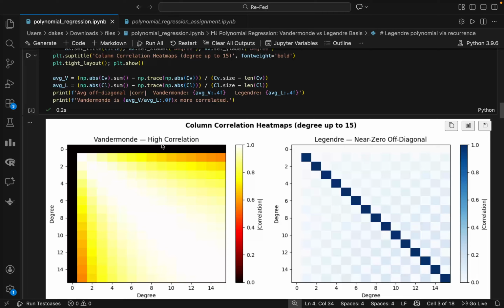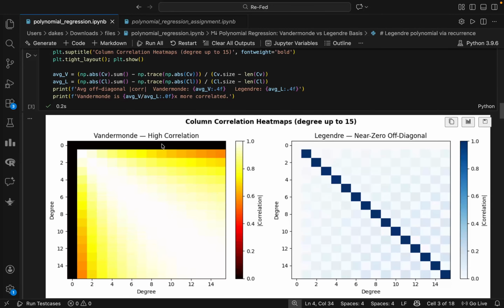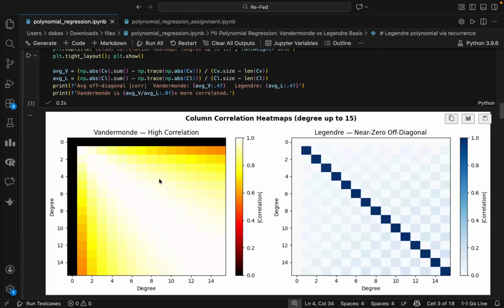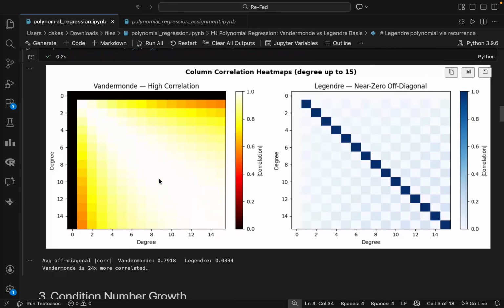The Vandermonde heat map is almost entirely yellow, meaning almost every column is highly correlated with every other column. This can be understood simply, because t and t square are very much related, they are not unrelated, right? The average off-diagonal correlation is very close to 1, it is 0.79.